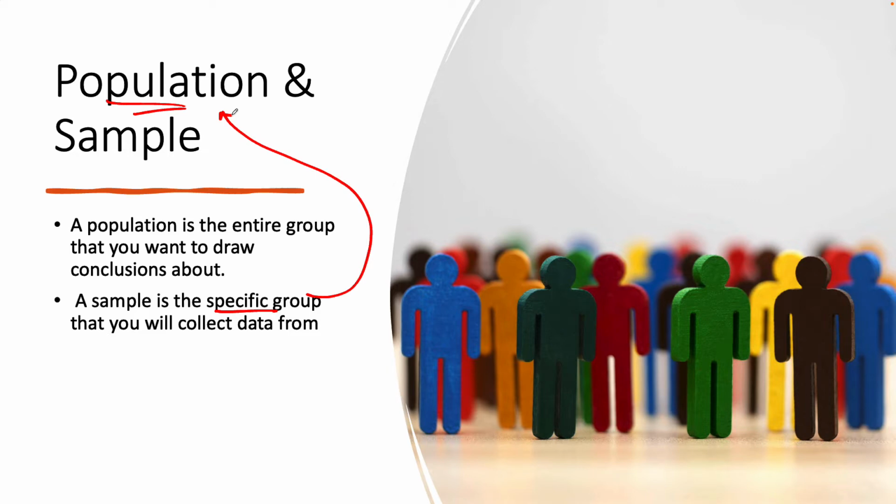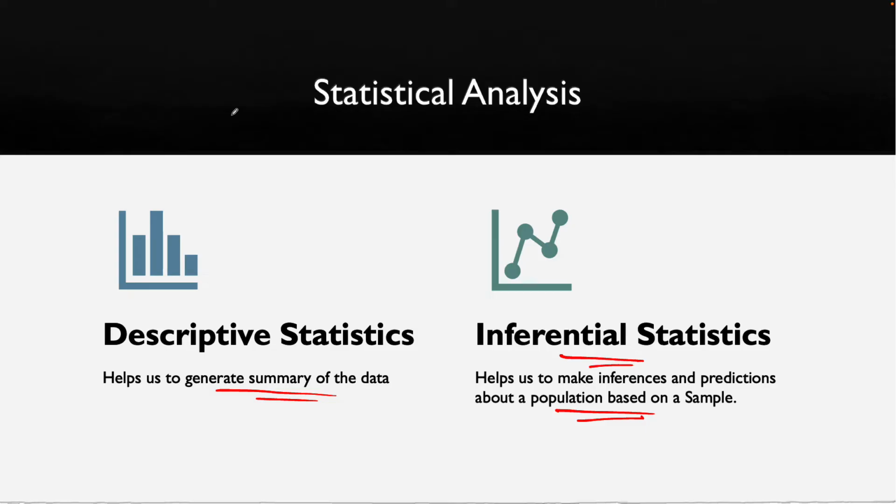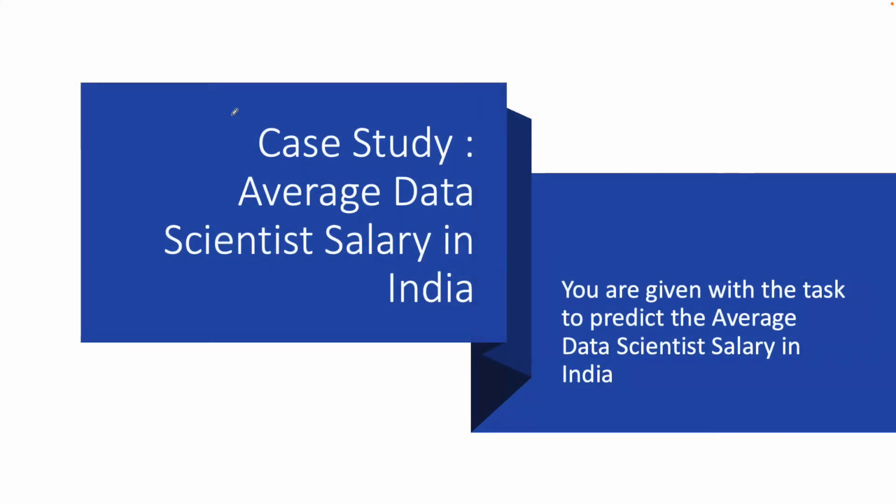Now, to understand the difference between population and sample and why we actually do this, let's take up a case study. You are given the task of predicting the average data scientist salary in India.